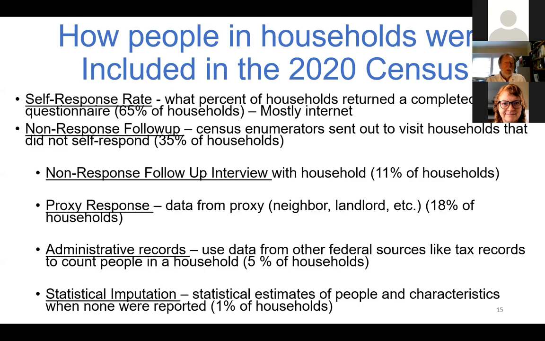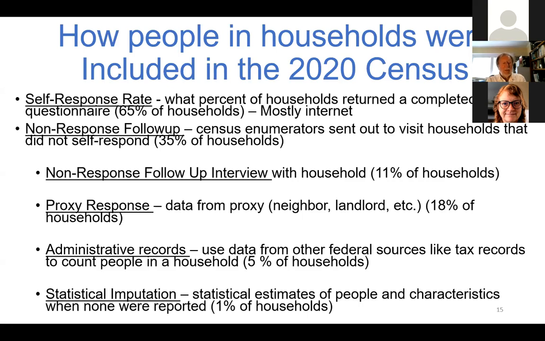If the enumerator couldn't find anybody at the household, or they wouldn't respond, the Bureau instructed them to try and find a neighbor or a landlord or a building manager or somebody who could act as a proxy respondent for that household, someone who hopefully knows something about the number of people and their characteristics in that household. 18% of households were included in the census on this proxy response.